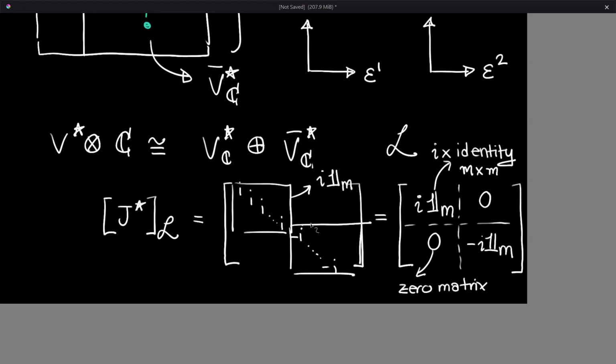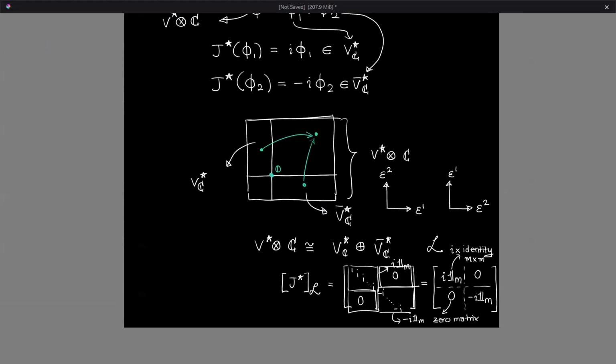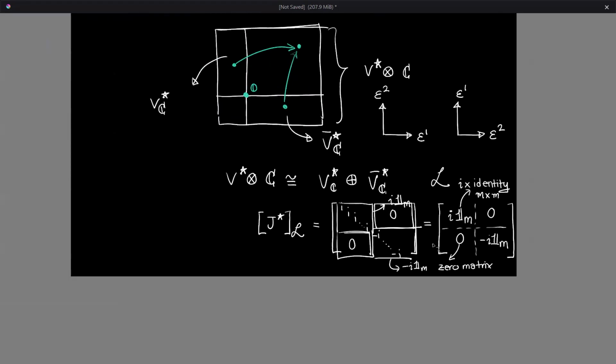So half of them are going to be one eigenvector, and half of them are going to be the other eigenvector. So this one is minus i times the identity matrix. And we know that there are only zeros here, so we can represent this block of entries as the zero matrix. So that's what this means. This is the form of J star in the eigenbasis, which we already knew, but it's also nice to see that it works out.